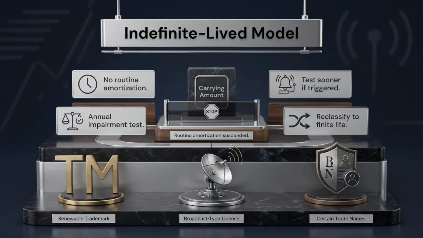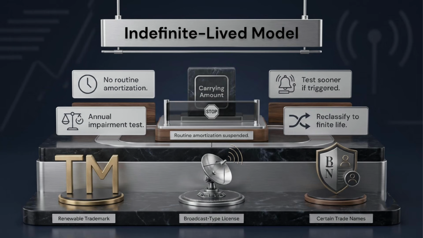For indefinite lived intangible assets, the model changes. If the asset has no foreseeable limit on its useful life, no routine amortization is recorded, while that conclusion remains valid. Instead, the asset is tested for impairment annually and also sooner if triggering events occur.